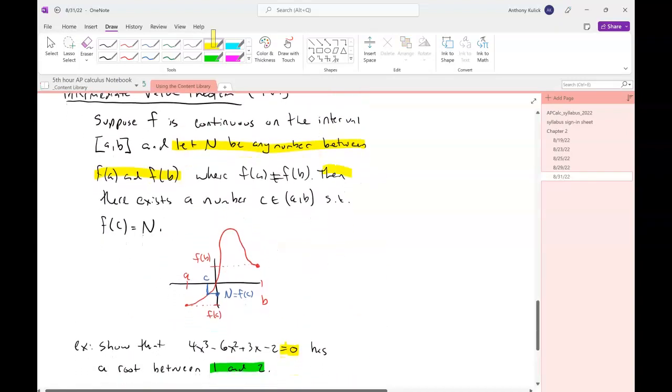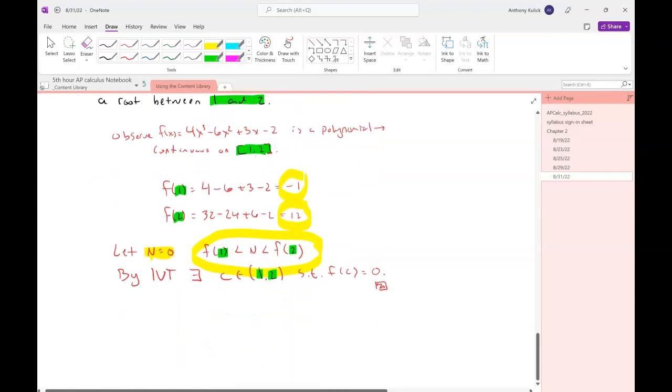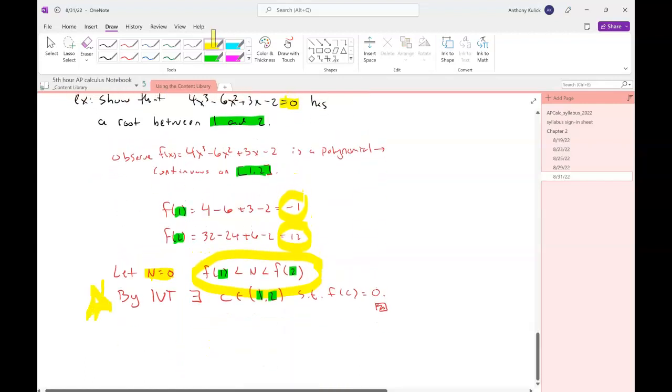Then, using the intermediate value theorem, I can conclude there is some number whose output gives me n. That's how I got this last sentence. So I'm just setting up the theorem and then using it to cross the finish line. I understand. Thank you. Good, no problem.